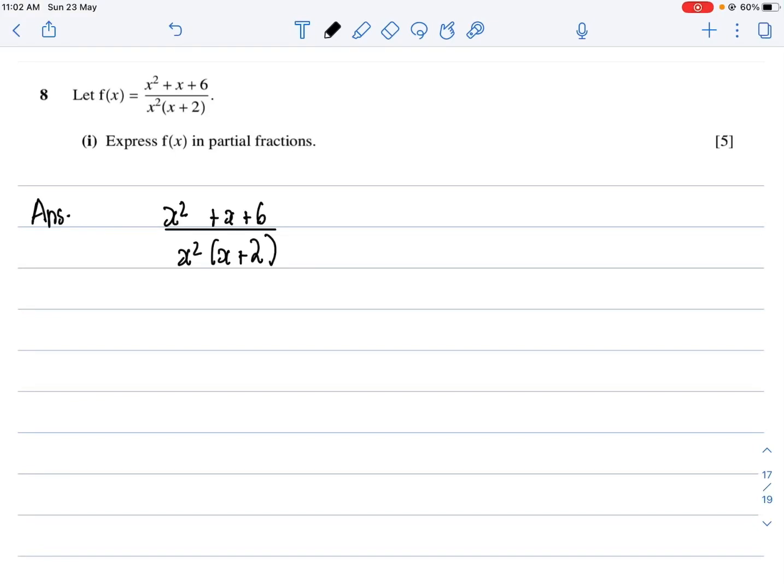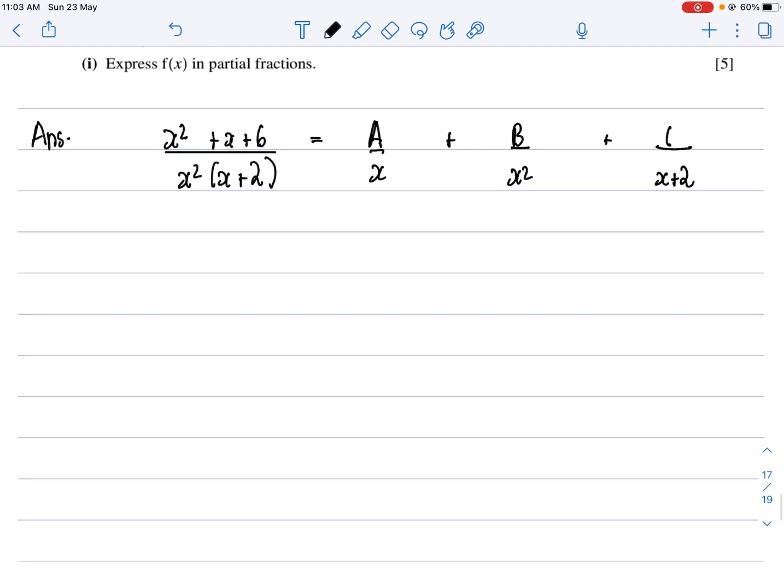This is the eighth question of the paper, and as you can see, this is a partial fraction question. Looking at the denominator, because of the x square, I can determine my form to be a over x plus b over x square plus c over x plus 2. Agreed?